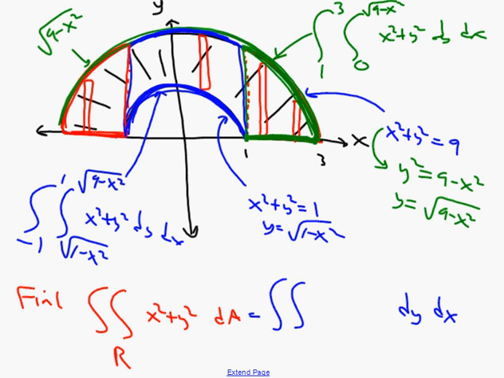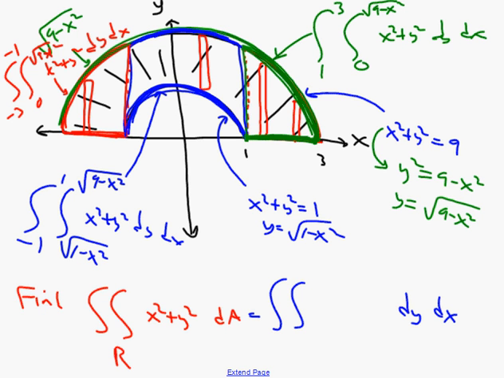So you can see so far we're going to have to compute those two messy expressions and then try and add them together. All right. And then lastly, the red one will look just like the green one, except it'll be, I better be careful here, the integral from negative 3 to negative 1 of the integral from 0 to the square root of 9 minus x squared of x squared plus y squared dy dx. So now you know the total value of that expression.